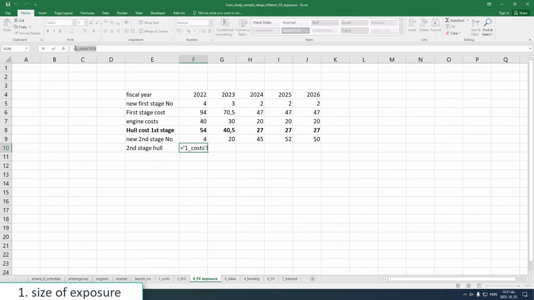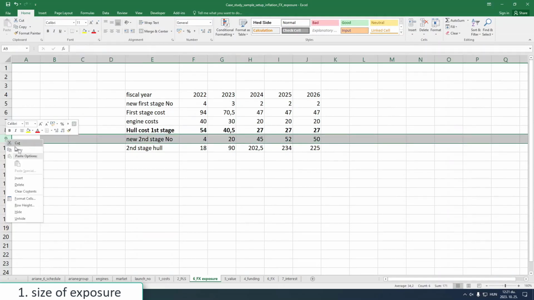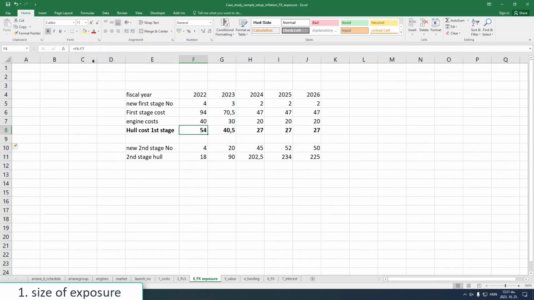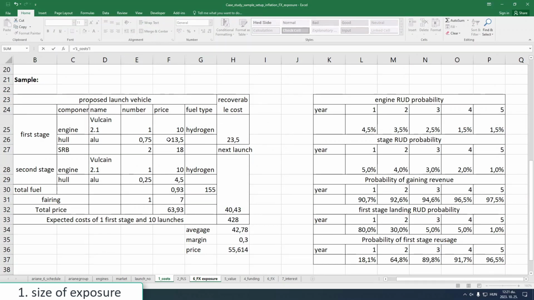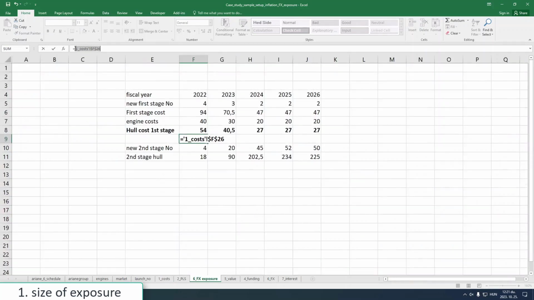Okay, so I have to fix this, multiply it with the number of launches. So practically, if I'm not completely lazy, the price of this one is multiplied by the number to be billed.